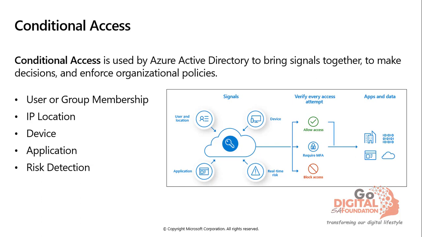So if they say at work you are not allowed to access your account outside of Africa, then they will set up an IP location sort of conditional access. So there's user or group membership. If you're not part of a certain group, you cannot access the resources that are for that certain group. The IP location, if you're outside of a certain area, you are not able to access those resources.